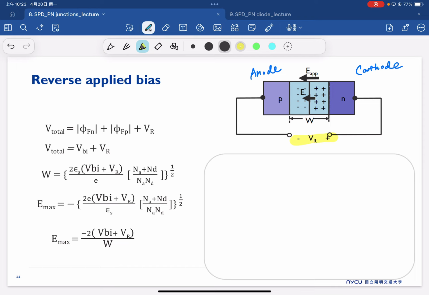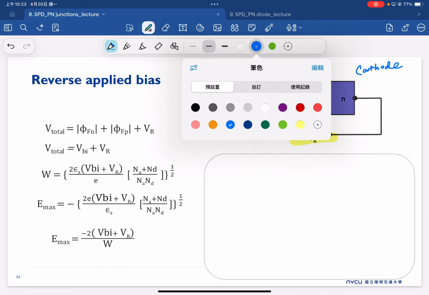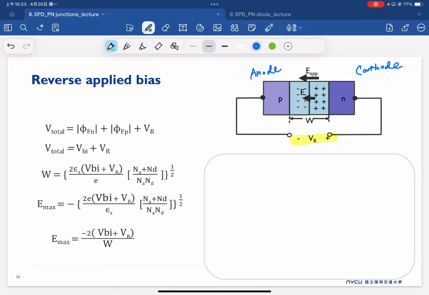So in previous sections, we already knew that our built-in potential should be equal to phi Fn plus phi Fp here. But now if we have this reverse bias, that can change quite a lot for the total potential inside this space charge region. But we are still starting from the band diagram here.